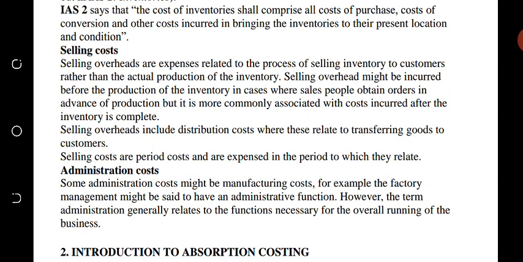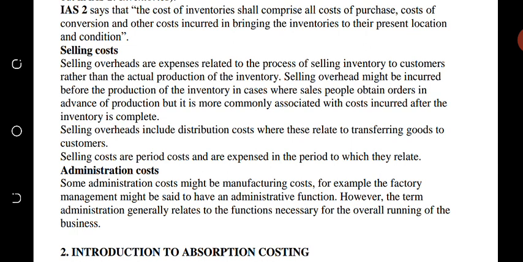Selling overhead might be incurred before the production of the inventory in cases where salespeople obtain orders in advance of production, but it is more commonly associated with costs incurred after the inventory has been completed. Selling overhead includes distribution costs, where this relates to transferring goods to customers.